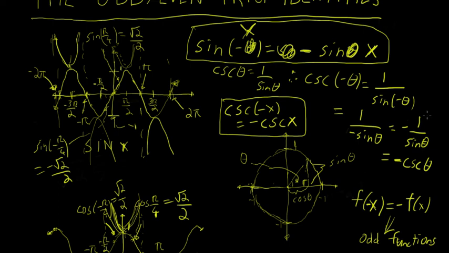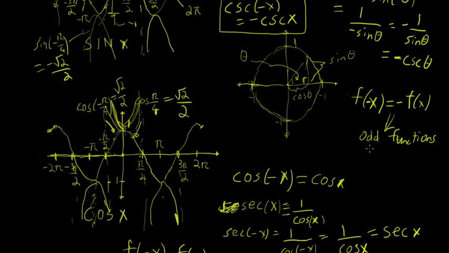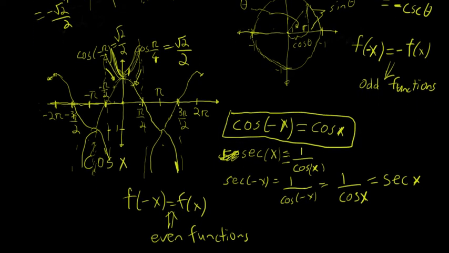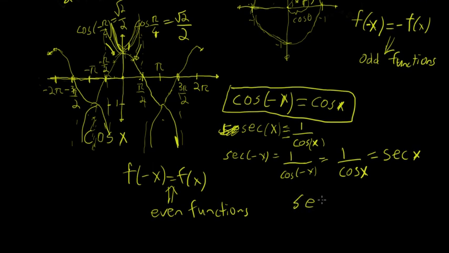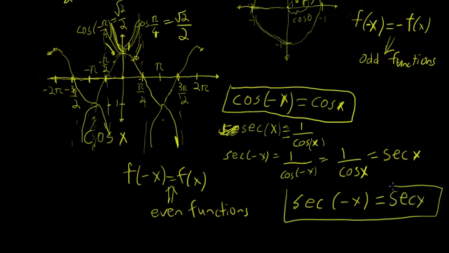It is an odd function. Here's the odd-even identity for cosine. It's an even function. And I'm going to rewrite the odd-even identity for secant, which is also an even function. We're going to be using a lot of these in future problems we work and in various proofs, so I thought it may be worthwhile to show them and state them here.